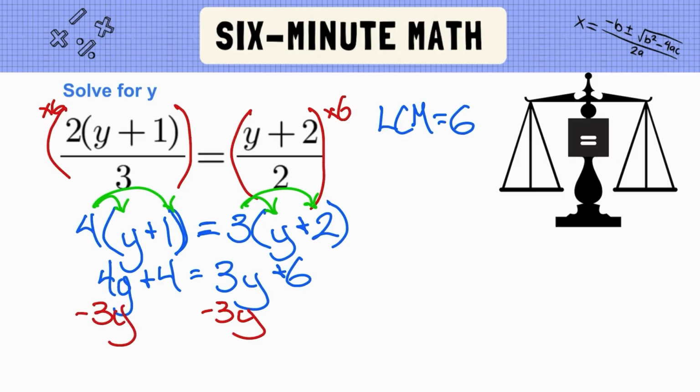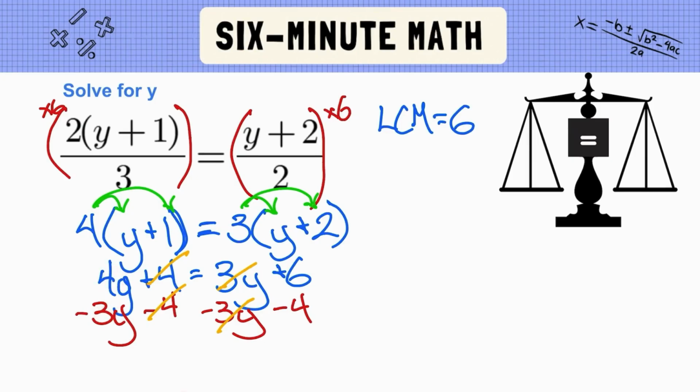And actually in the same process, because I am seeing that these will eventually cancel out, I'm going to subtract 4 from both sides. What this is going to do is in one step, I put my variables on one side and my constants or numbers on the other.